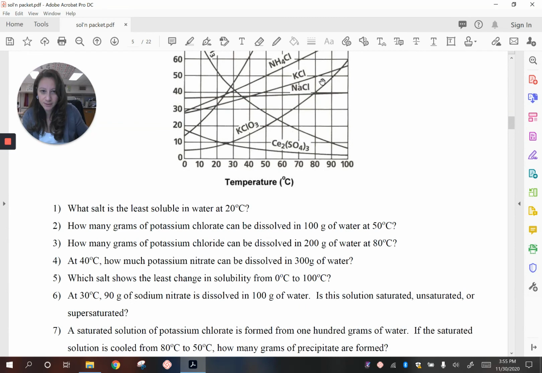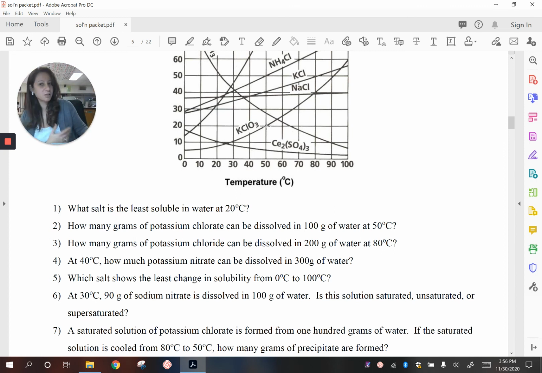At 80 Celsius, it looks like I have 40 grams dissolved right now. It's telling me I'm going to cool it down to 50 Celsius, where I can only have 20 grams dissolved. The extra is going to precipitate.